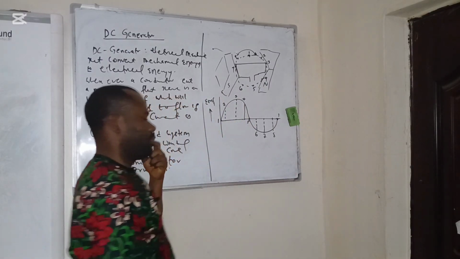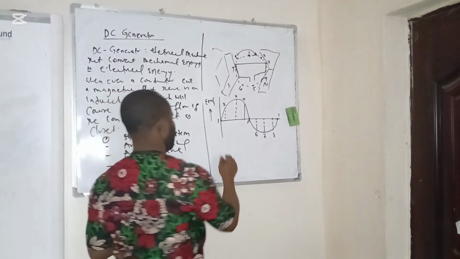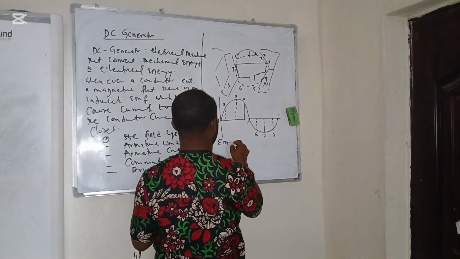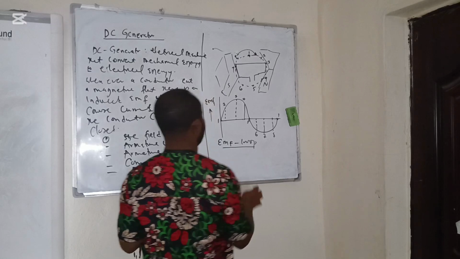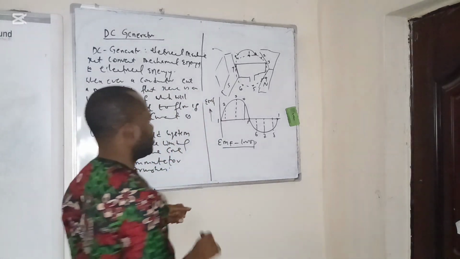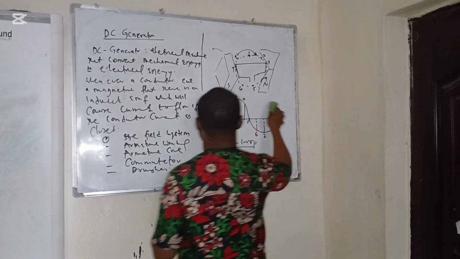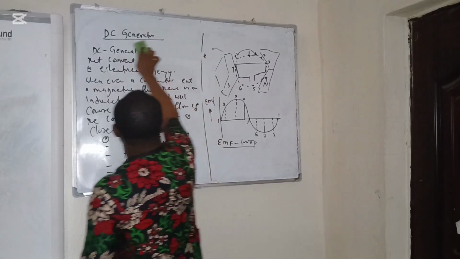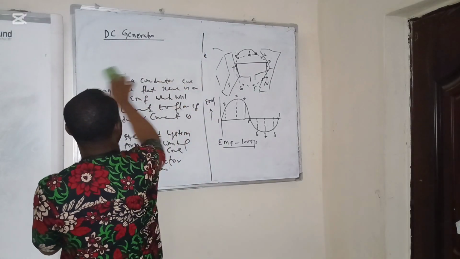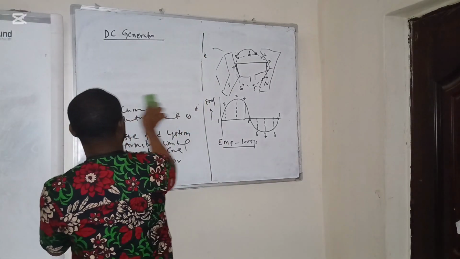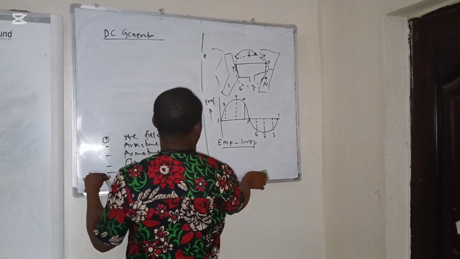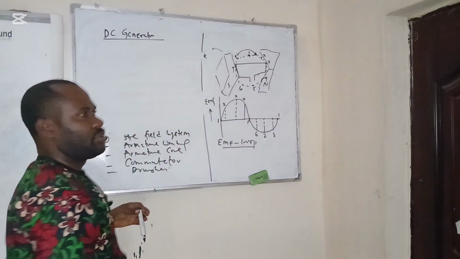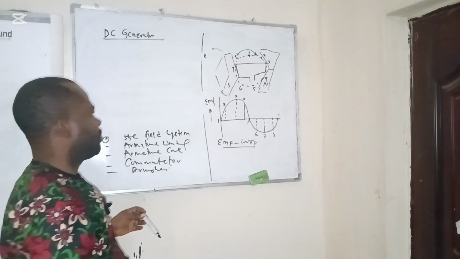This is the EMF waveform that we actually notice in the DC generator, where the magnitude and value of the EMF depend on the angle between the conductor and the flux.